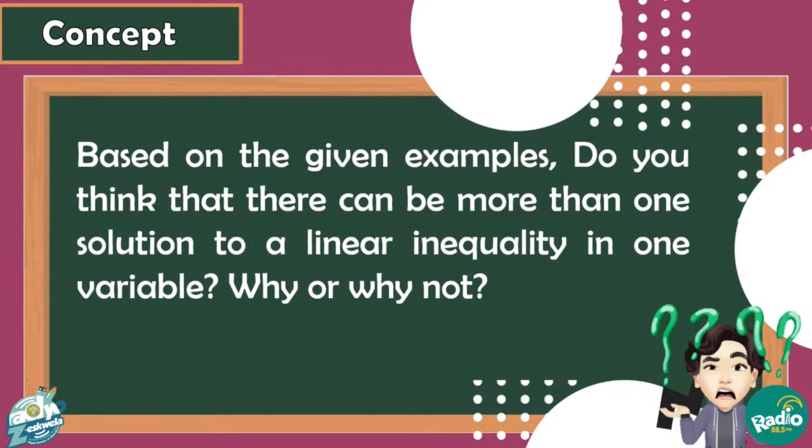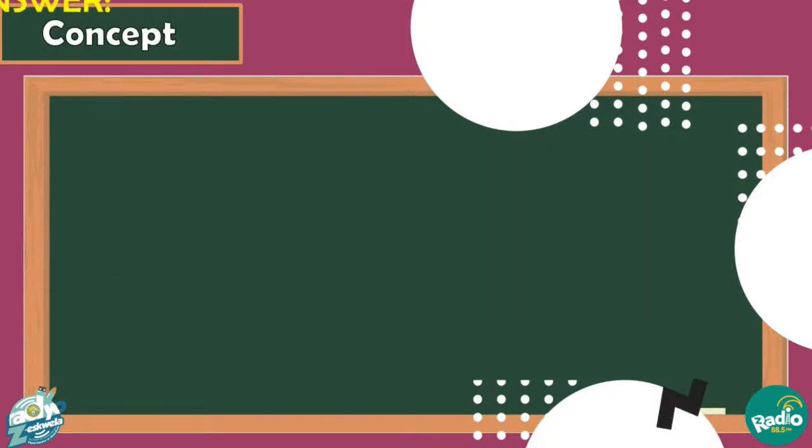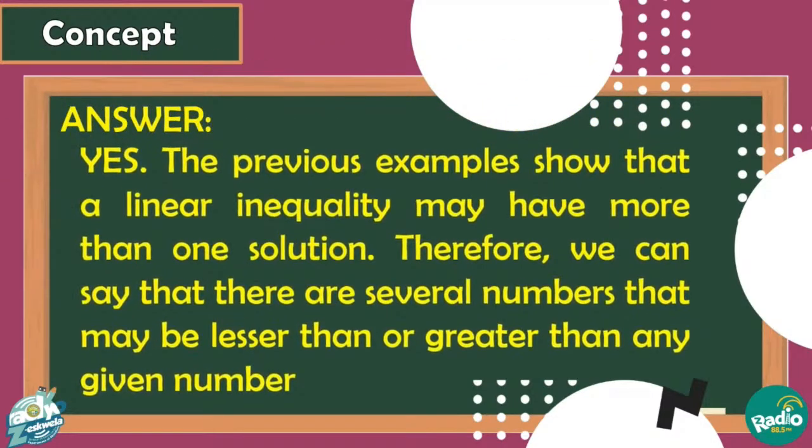Based on the given example, students, do you think that there can be more than one solution to a linear inequality in one variable? Why or why not? The answer is yes. The previous examples show that a linear inequality may have more than one solution.